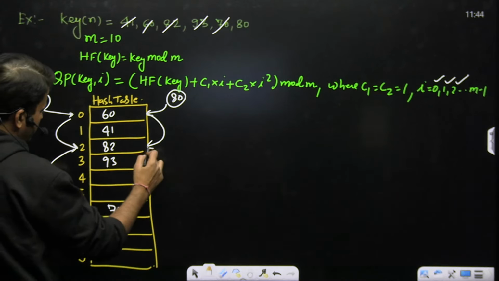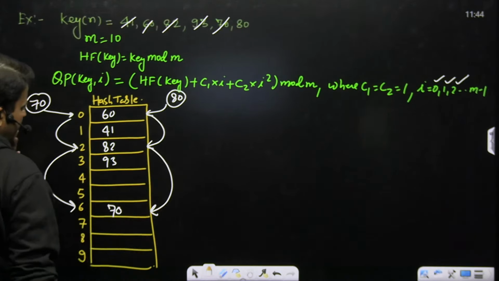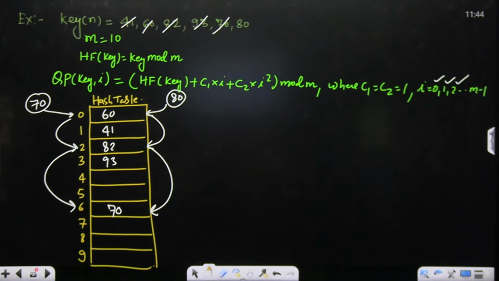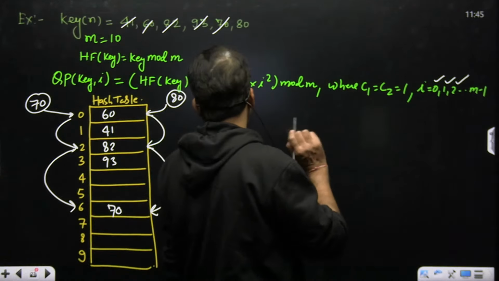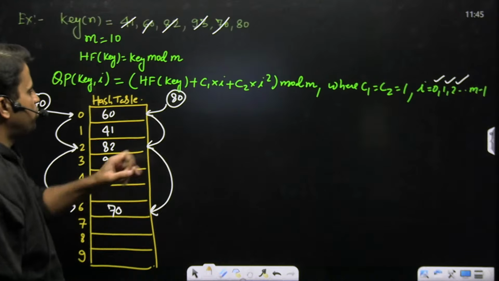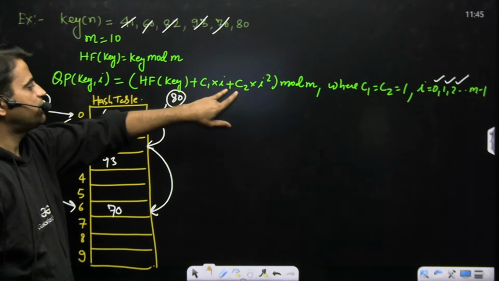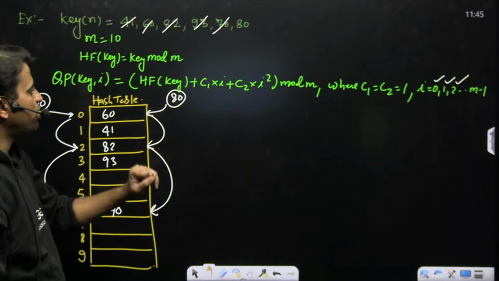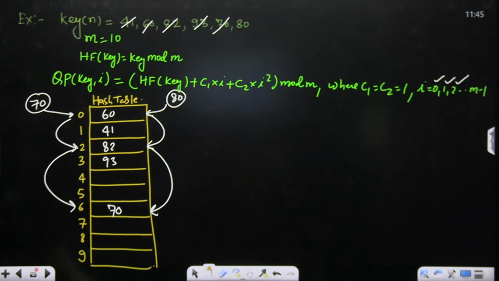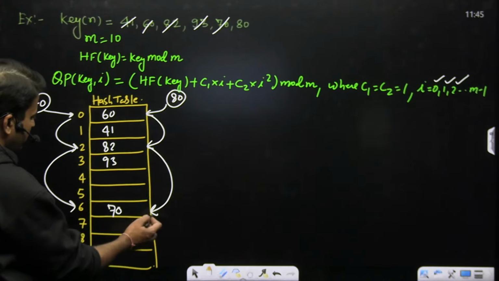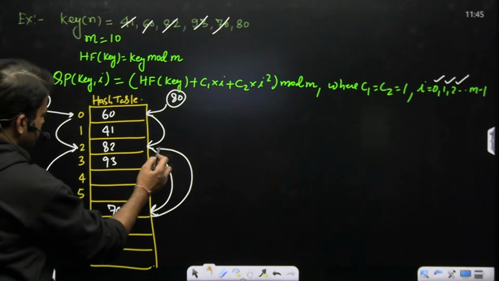Then choose i value 2, collision at i equals to 2 as well. Choose i value equals to 3. When you choose i value equals to 3, what will come? Sir, 3 plus 9, this is 3 plus 9, 12. 12 plus 0 is 12, mod 10, 2. So again after this, with what will you search? After this you are again searching with this 2 index.